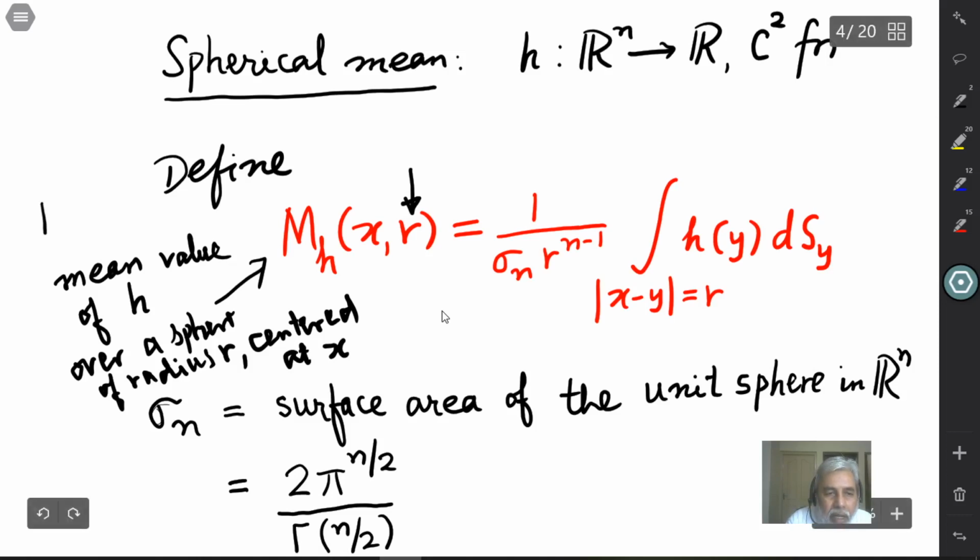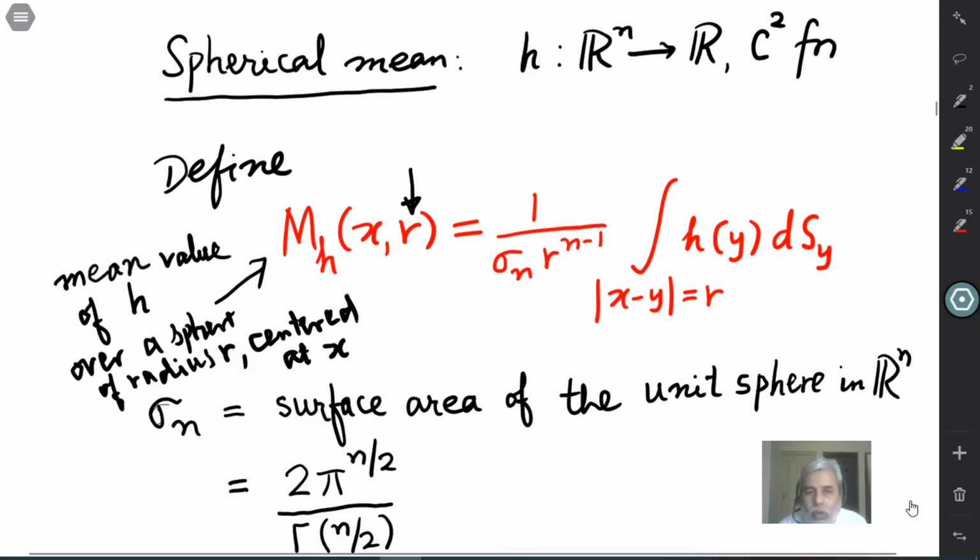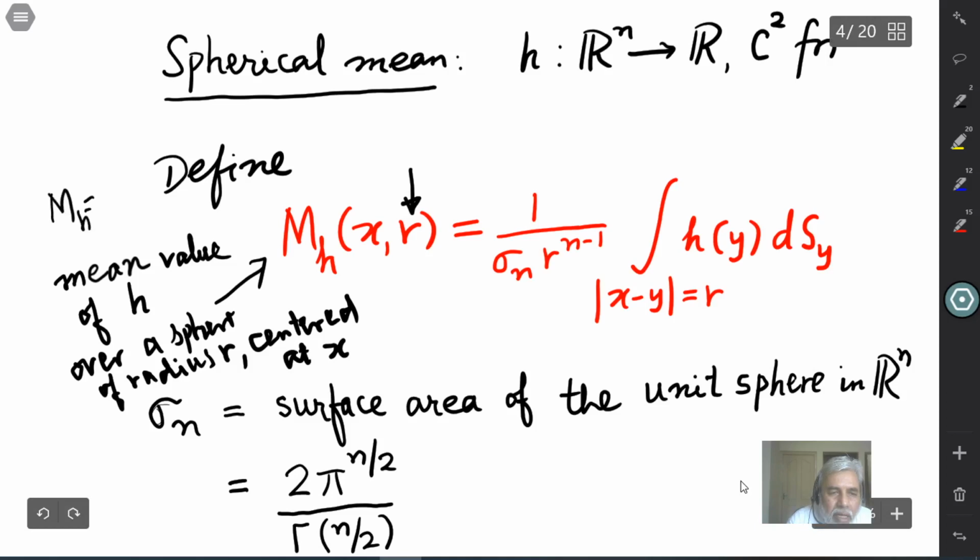So instead of writing it as before, we'll write this m sub h as m of h, thinking that m is also an operator.